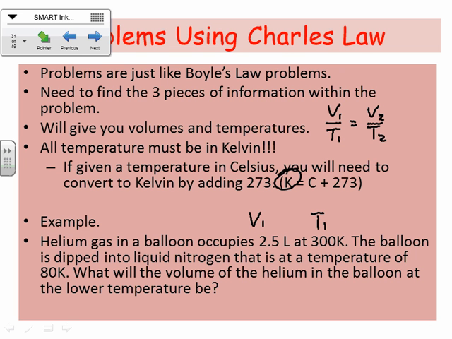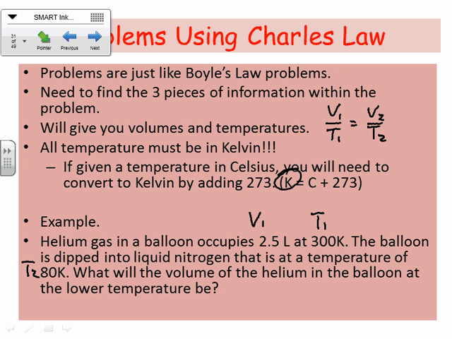Am I relating the right volume and temperature together? I am, because it says specifically it's 2.5 liters at 300 Kelvin. Then the balloon is dipped into liquid nitrogen that is at a temperature of 80 Kelvin. That's our T2. So then they're asking for the volume.